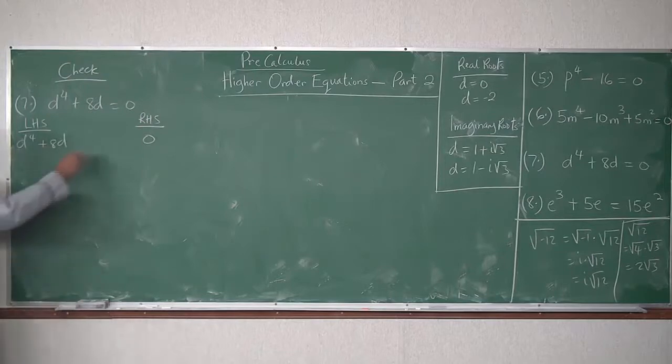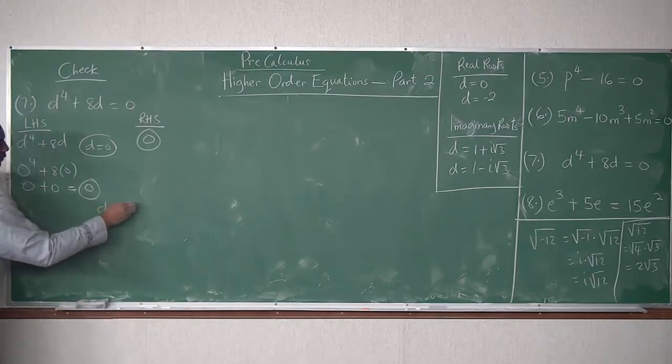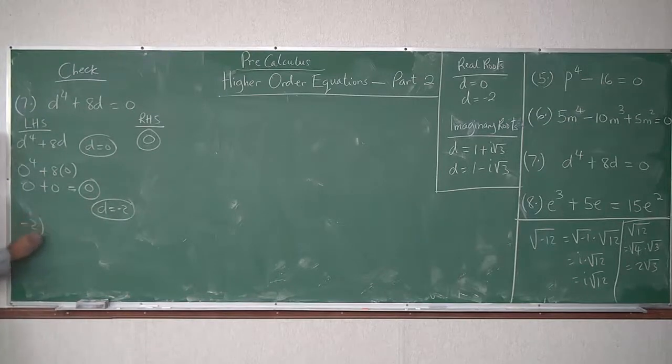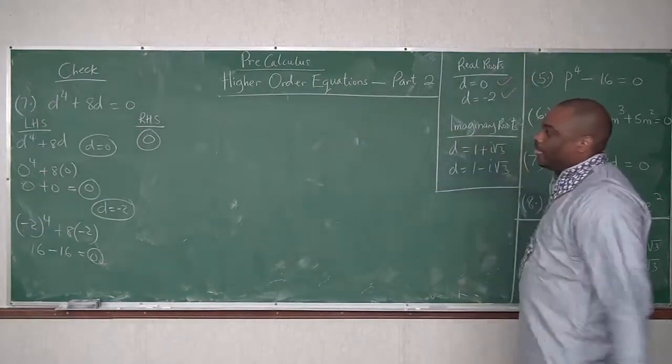Let's check for d equal to 0 first. This is 0 raised to the power 4 plus 8 times 0. 0 plus 0 is 0. That works. Then let's check for d equal to -2. This will be (-2) exponent 4 plus 8 times -2. This is 16 minus 16, which is 0. That works. So this works and this works.